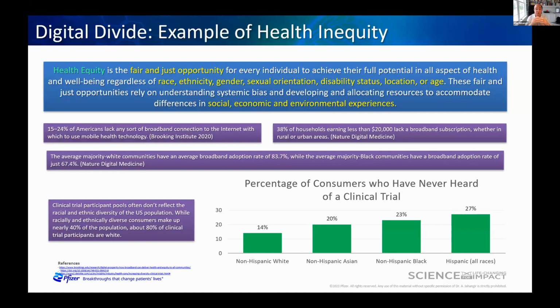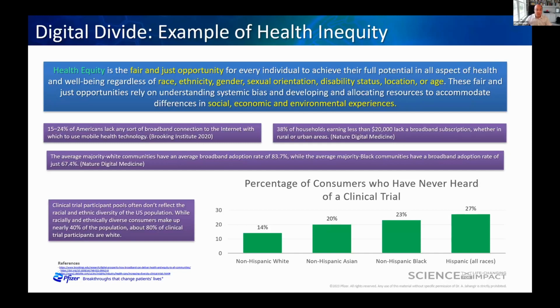Now, of course, we need to consider the distrust of the medical community, limited access to trial sites, and general lack of awareness about clinical trials, which are among the barriers that keep many people from participating. Improving access to clinical trial diversity can indeed improve health equity as well as the scientific rigor of some of this work that we're trying to do.